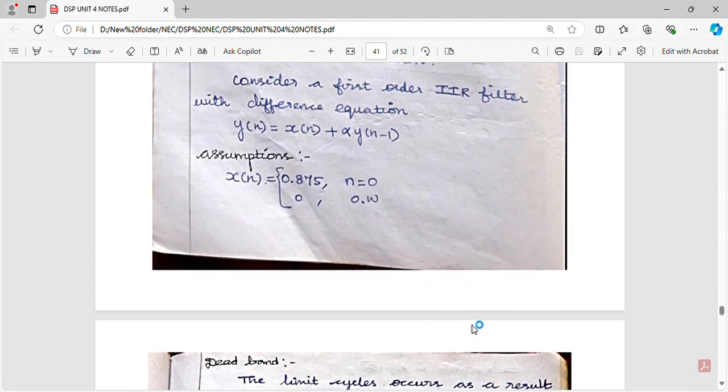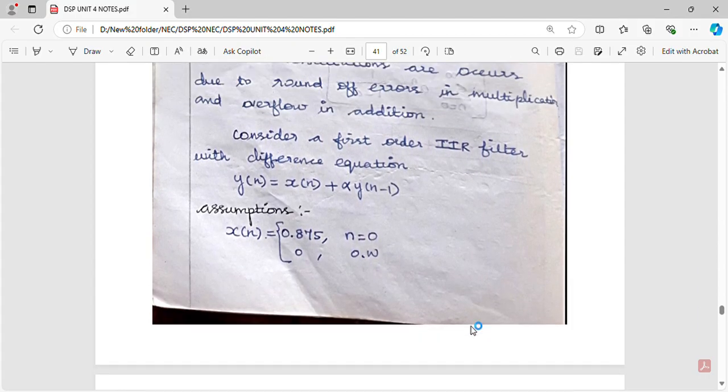For that, we are going to take an example. We are going to consider a first order IIR filter with the difference equation y of n is equal to x of n plus alpha into y of n minus 1.